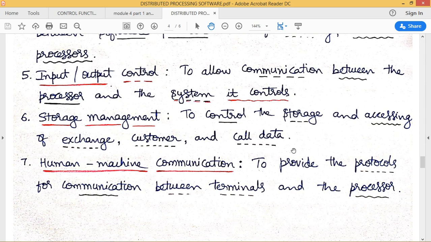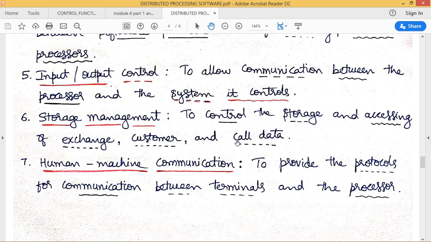So it is important to manage the storage of a particular exchange, because an exchange will be dealing with one exchange communicating with the other exchange, and also communicating with the end users, that is terminating users, that is customers.